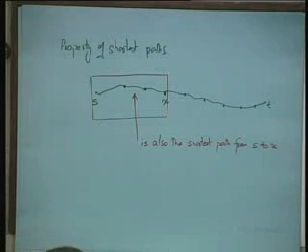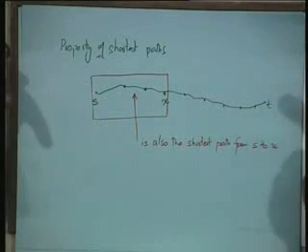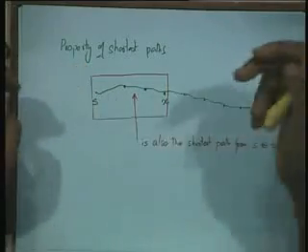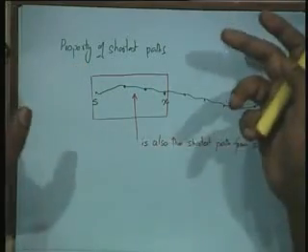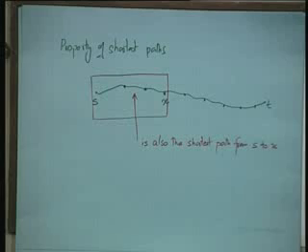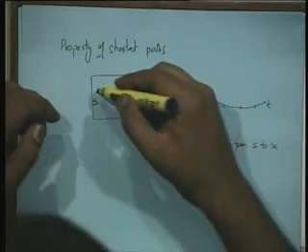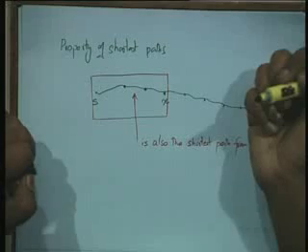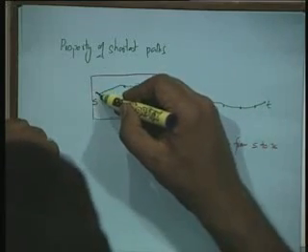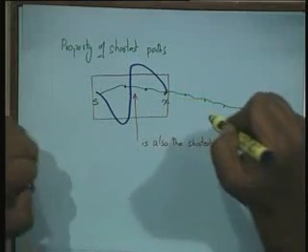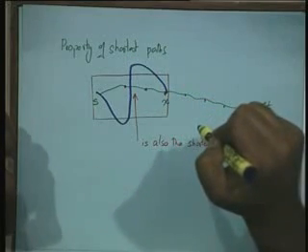Why? We are saying this is the shortest path from S to T, right? Why should it also be the shortest path from S to X? X is any arbitrary vertex. So we are trying to arrive at a contradiction. Suppose there were a better path between S and X, right? This path goes around more but is shorter.